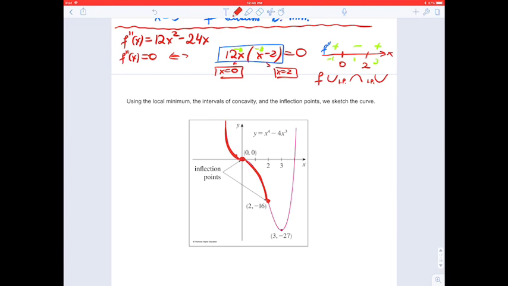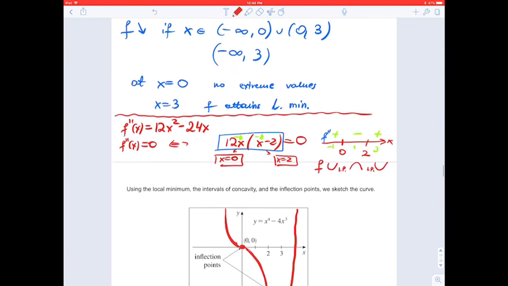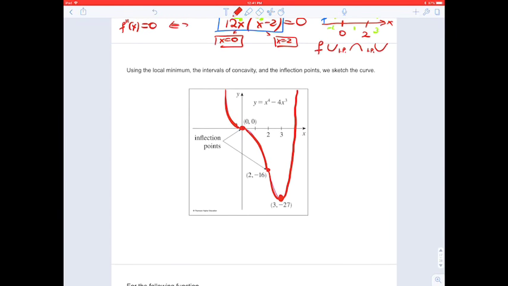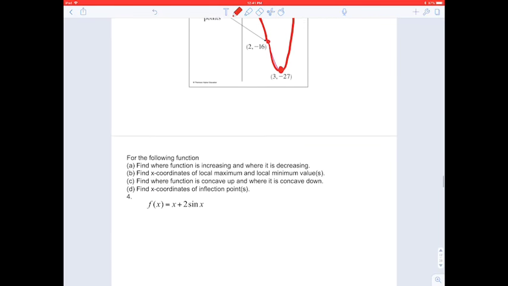And then again decreasing, but changing concavity, concave down. And then again concave up, going through the minimum value. We knew that something is happening at 0 and at 3.